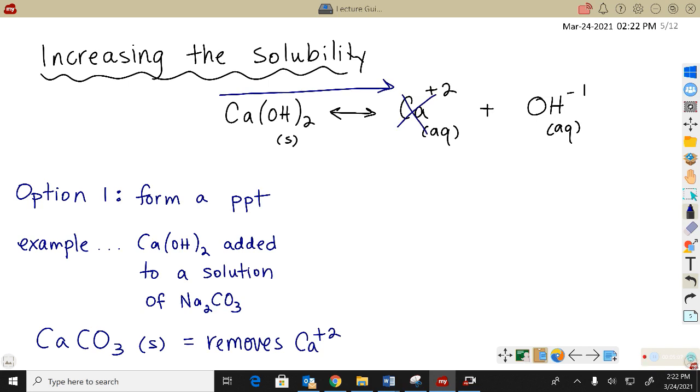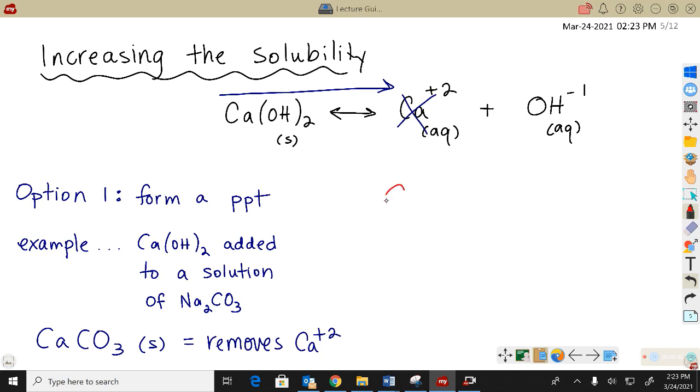In shifting more forward, now you're increasing the solubility of that calcium hydroxide. Ah, okay, that kind of makes sense. It's totally just Le Chatelier. If you remove something, you shift to replace it. Here, the way to remove an ion is by forming a precipitate. And now that would increase the solubility of the original solid.